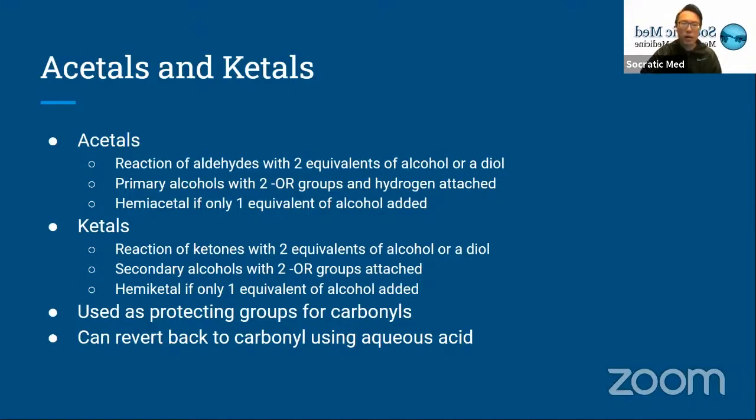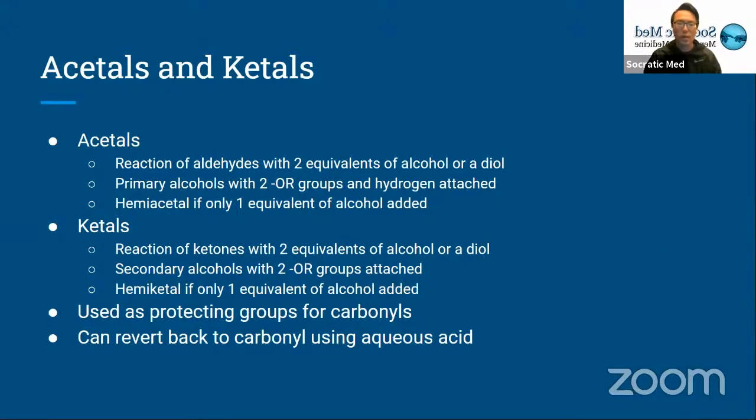So aldehydes, when reacted with one equivalent of an alcohol, form a hemiacetal, so only one oxygen is bonded. But when reacted with two equivalents of an alcohol or a diol, it will form an acetal. And similarly, ketals are formed when a ketone is reacted with two equivalents of an alcohol or a diol.